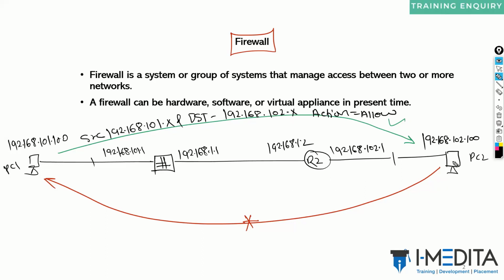But when PC2 initiates the traffic, the source is PC2 and destination is PC1, the traffic will come at the firewall. Firewall says that if source is 101, that can only go to 102, but 102 can't go to 101. Clear? Okay.